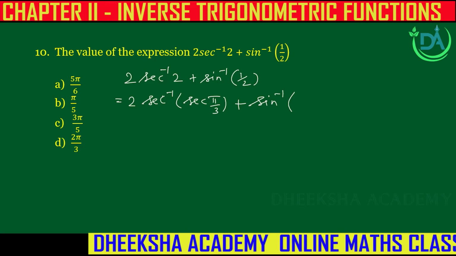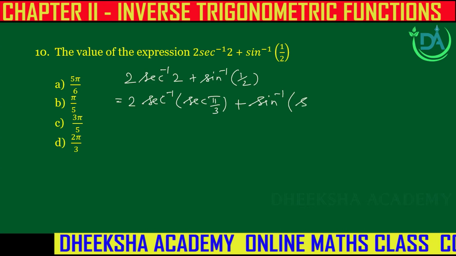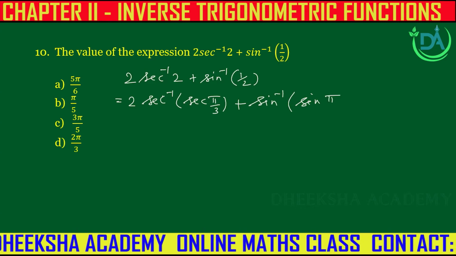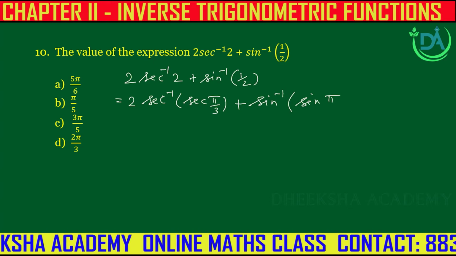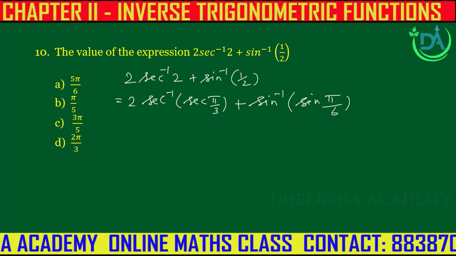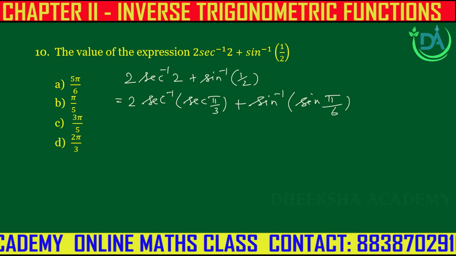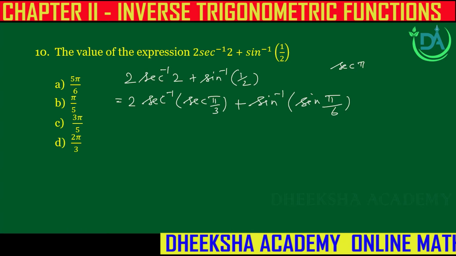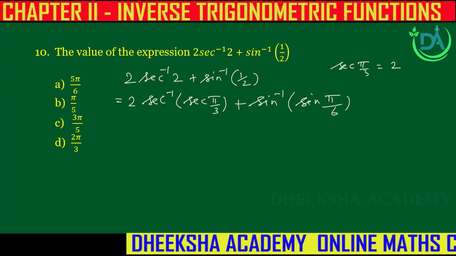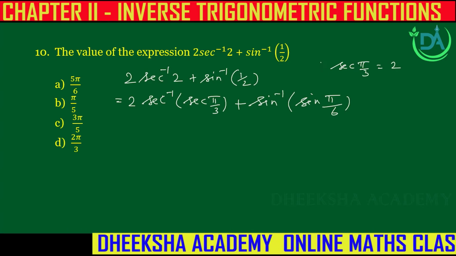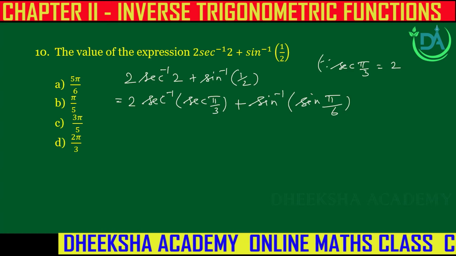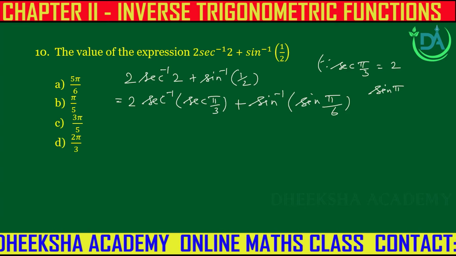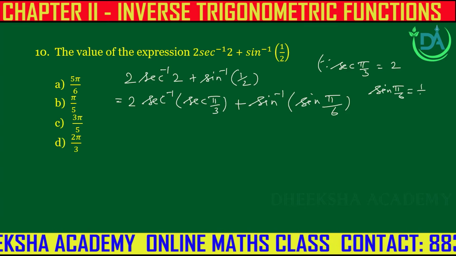So instead of 1 by 2, sine pi by 6, that is sine 30 equal to 1 by 2. So secant pi by 3 is equal to 2, and sine pi by 6, sine 30 degree, is equal to 1 by 2.